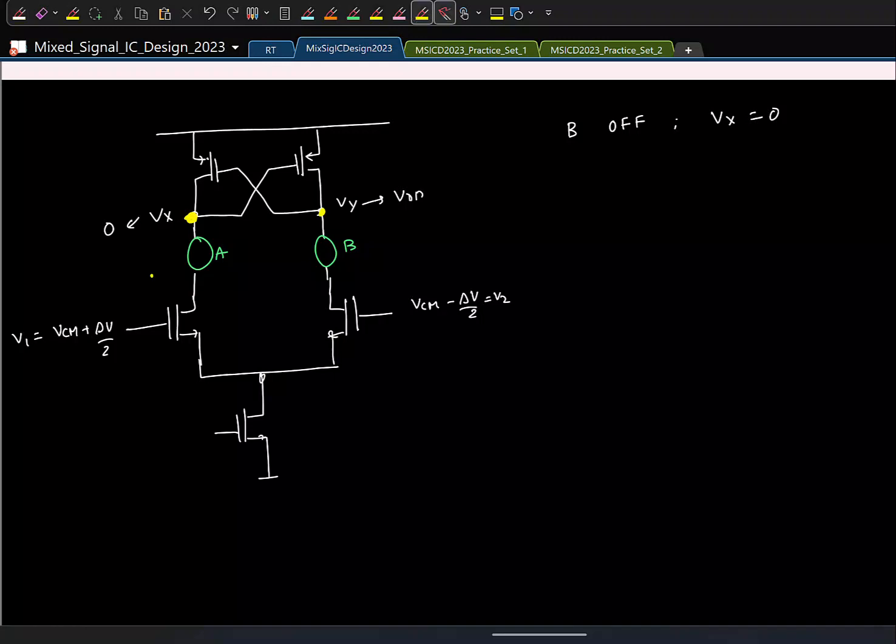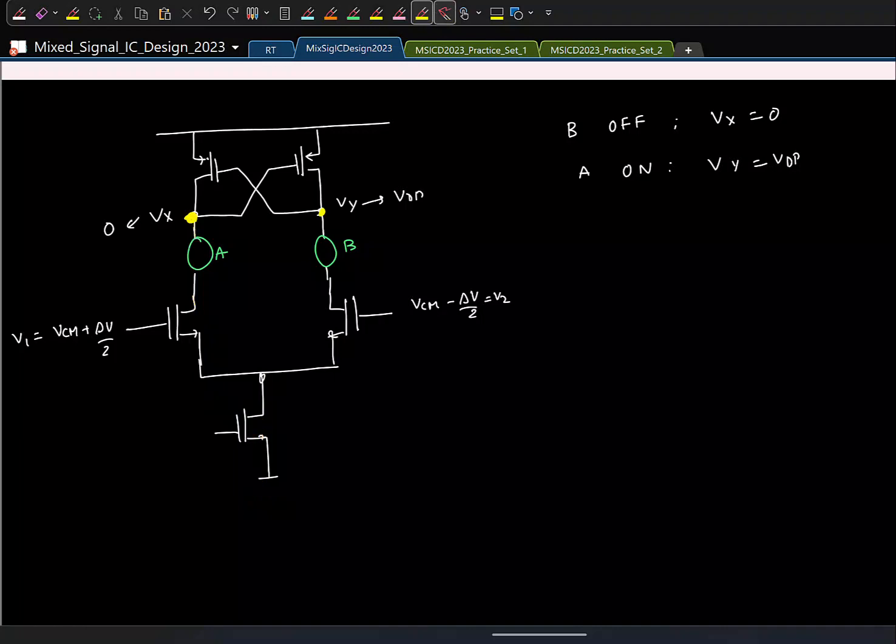Now let's look at the element A. So for A, remember that we want Vx to be 0. So we want this path to be on. Right? Only then this node is pulled to ground. Right? But A, so which means A must be on when Vy is VDD. So when this guy is VDD, you want this path to be on. Is that clear?